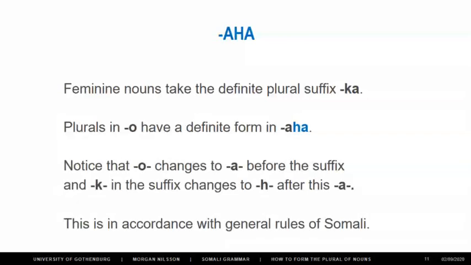And the k in the suffix changes into h after this vowel. But this is something that is completely in accordance with very general rules of sound changes in Somali. So it's not specific for this ending.